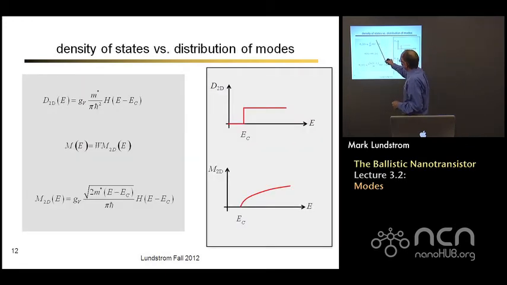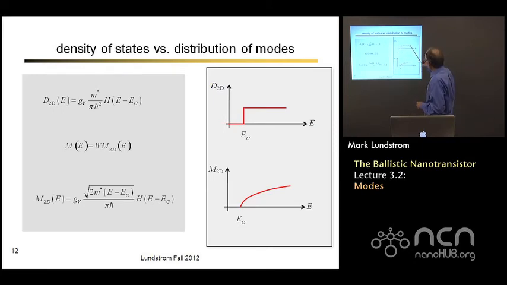You're all familiar with density of states. We use the density of states to compute the number of electrons in the device. But now we've introduced another quantity, the distribution of channels in energy, and we have an expression for that. We use M to compute the current, and we use density of states to compute the electron density.